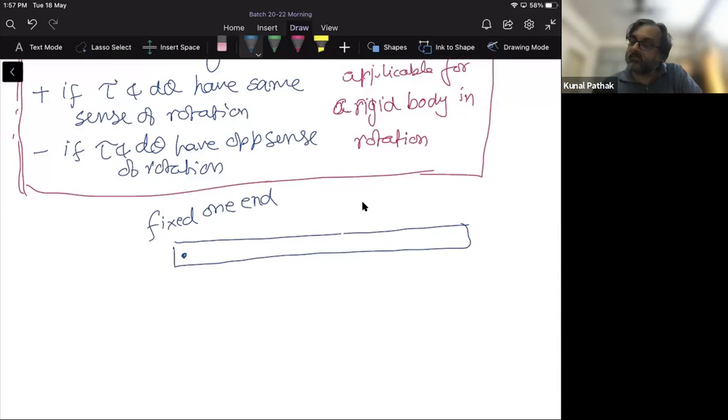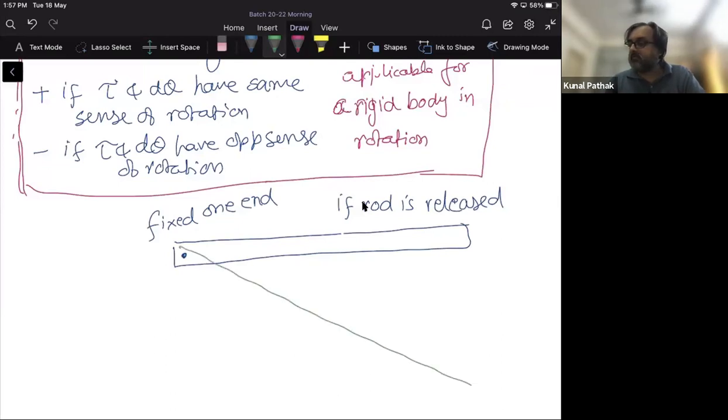So if the rod is released, then of course it is going to go down. And we will say that, look, at some point of time, the rod is like this, where it has traveled through an angle theta. The rod is here, it has traveled through angle theta.